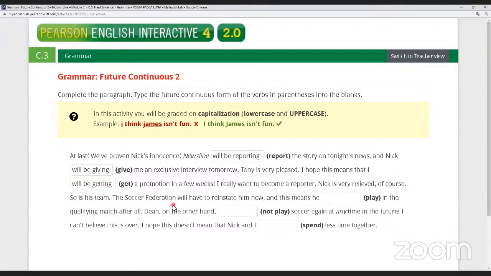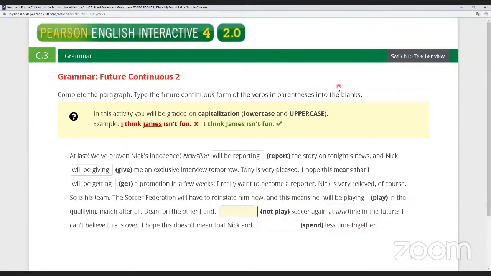I really want to become a reporter. Nick is very relieved, of course, and so is his team. The Soccer Federation will have to reinstate him now. And this means he will be playing in the qualifying match after all. Dean, on the other hand, will not be playing soccer again at any time in the future.